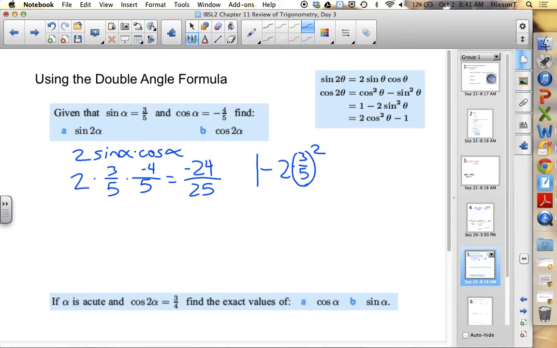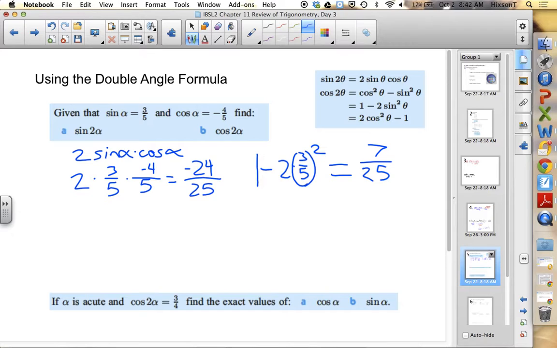So that's 9/25, that's 18/25 when we multiply it by 2. 1 minus 18/25 would be positive 7/25. Okay. So, alright, so that was B.